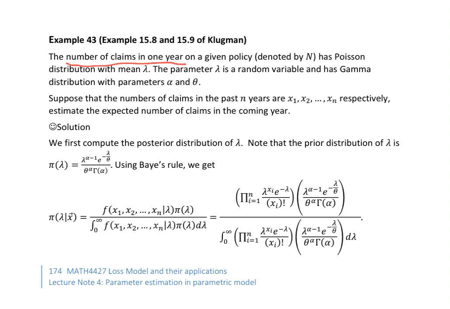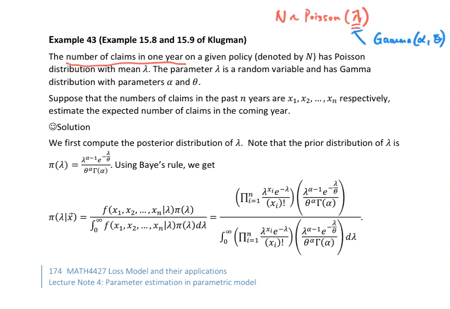Let's assume that N follows the Poisson distribution with some unknown parameter lambda. And this lambda, we assume that it follows the gamma distribution with parameters alpha and theta, which is your initial guess on the distribution of lambda.